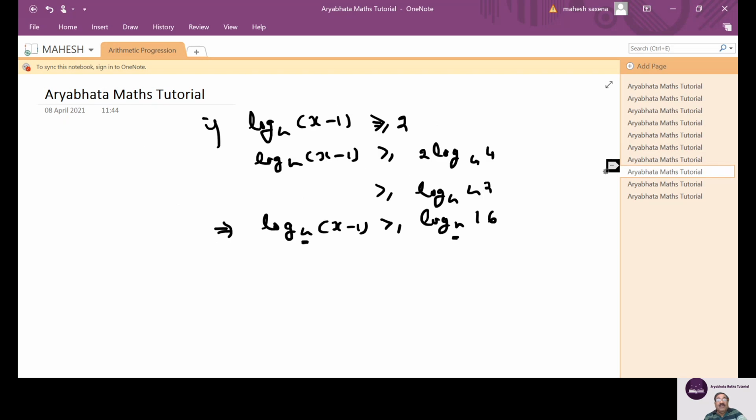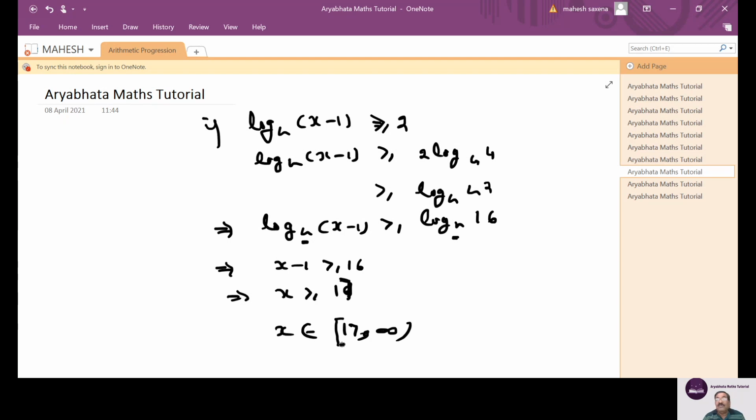Therefore, x minus 1 is greater than or equal to 16, which implies x is greater than or equal to 17. Therefore, when log base 4 of (x minus 1) is greater than or equal to 2, the range is x belongs to 17 closed interval, infinity.